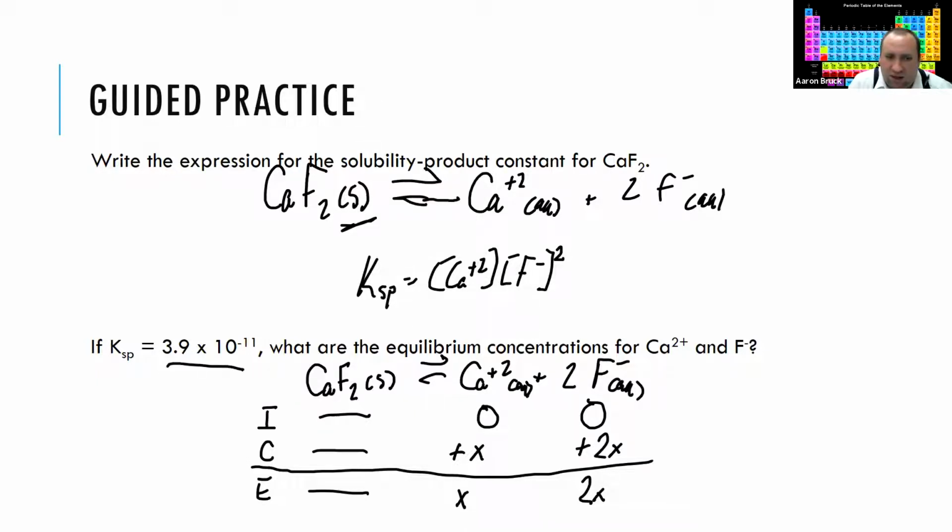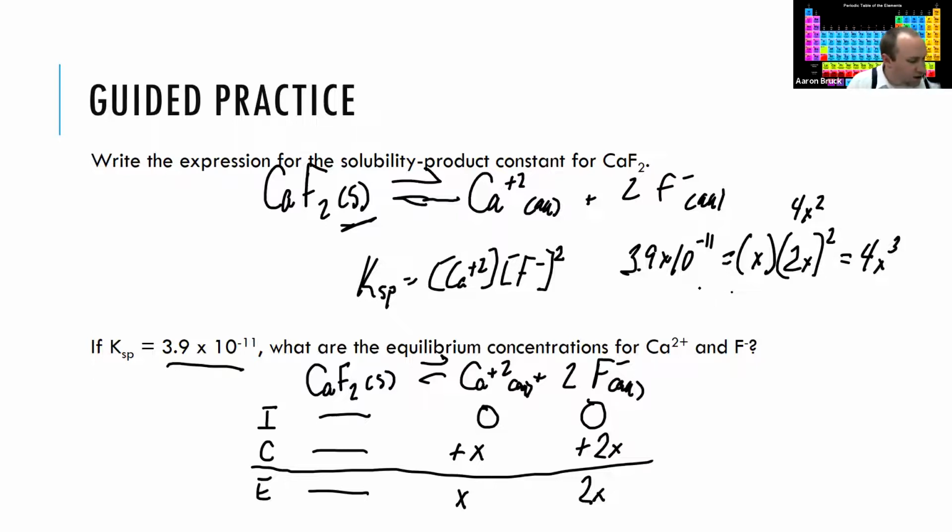Now using my KSP and my expression here, I'm going to substitute in 3.9 times 10 to the negative 11th is equal to the concentration of calcium, X, multiplied by the concentration of fluoride, 2X, squared. X times 2X squared would give me 4X cubed, because 2X squared is equal to 4X squared.